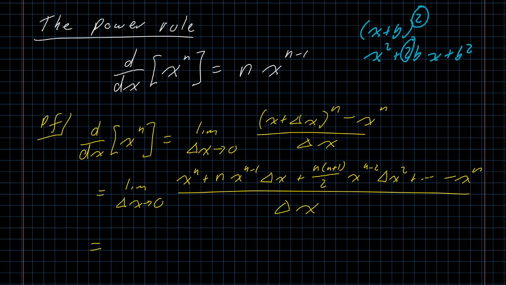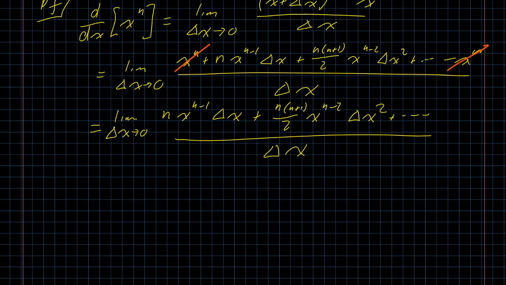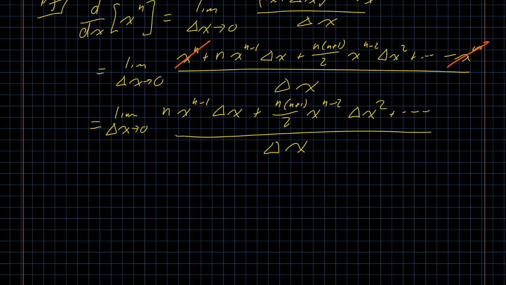Specifically, the first thing that's going to go away is I have a plus x to the n and a minus x to the n that just cancel each other out. And then what I'm left with is a bunch of terms in the numerator that all have at least one factor of delta x. I can cancel that one factor of delta x with the delta x that's down here. So that delta x goes away. This becomes delta x to the first power. The next one will be delta x to the second power, and so on.